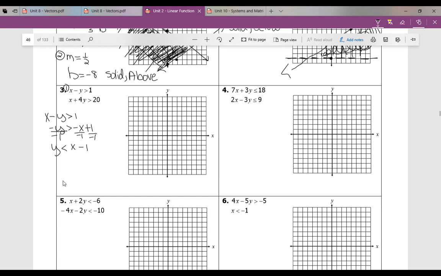We did divide by negative, so we switched our symbol. So our slope is 1, or you can write it as 1 over 1. Your b value is negative 1. That's going to be a dotted line, and we are going to shade below that dotted line.